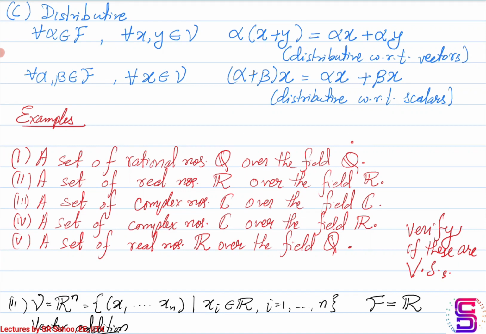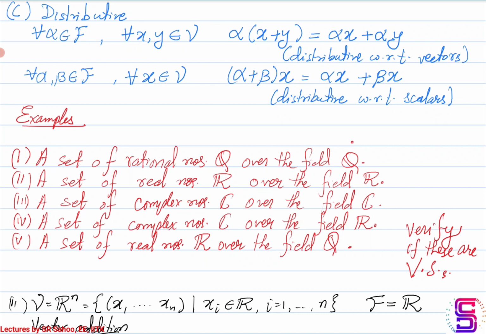Similarly, let's say that you pick up two scalars, alpha and beta, from the field and you have a vector x from V. The scaling of the vector x by the sum of the two scalars alpha and beta is the same as performing a vector addition on the individual scaled versions of x, where one scaling is with respect to alpha and the other scaling is with respect to beta.